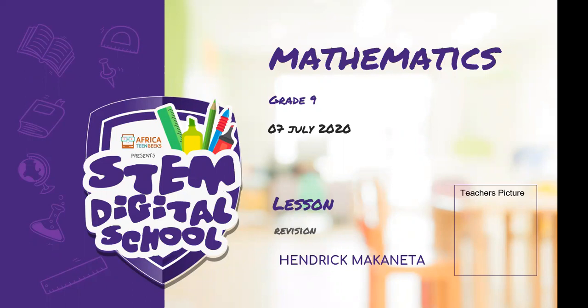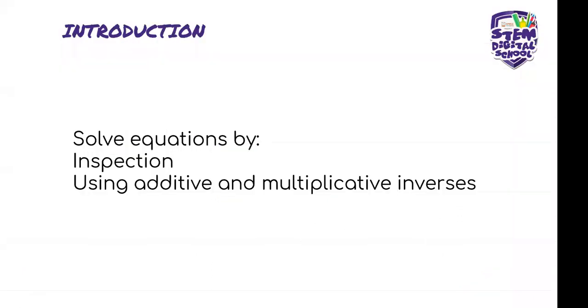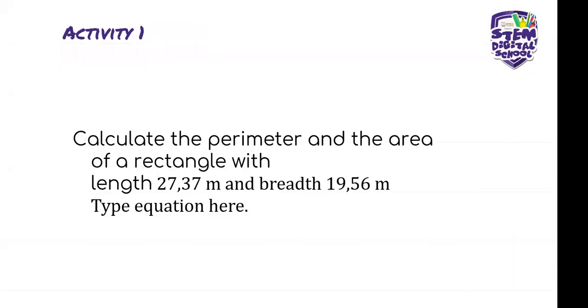Now, we just have to revise some of the work, so today's lesson will be based on a revision. And of course, the starting point for me this morning will be just to look at a wide range of activities without any waste of time. The first one being to calculate the perimeter as well as the area of a rectangle.